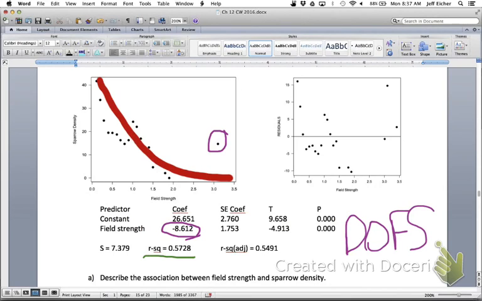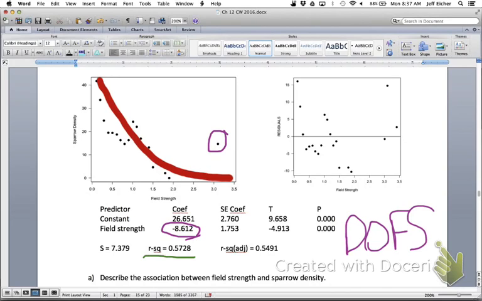If we did the square root of that value to get the correlation, we would get 0.76. So that's pretty close, kind of moderate, but pretty close to a strong association. But we'd either say it's a moderately strong linear, or we would say it looks like a fairly strong curved association.